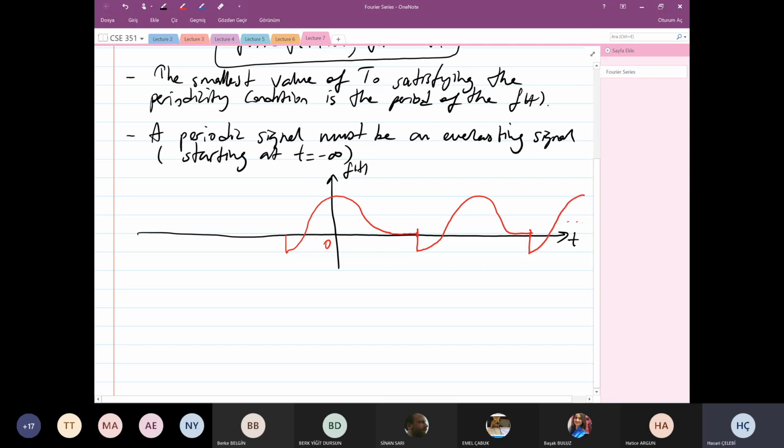And so on. On this side, we have the similar one.